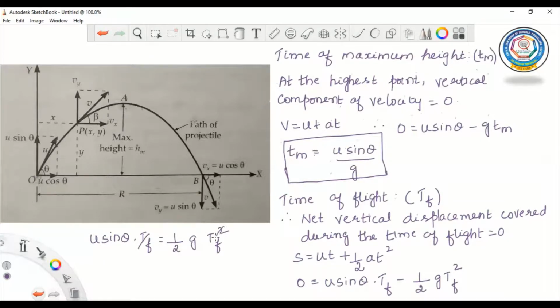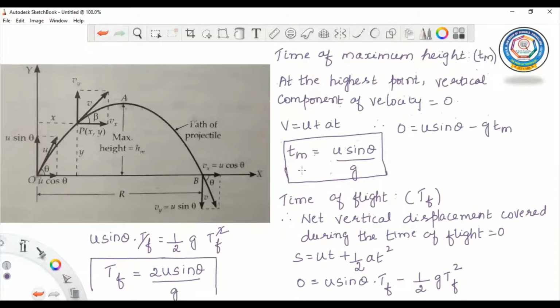One tf and tf get cancelled. So what will you get? Time of flight is equal to 2u sin theta divided by g.